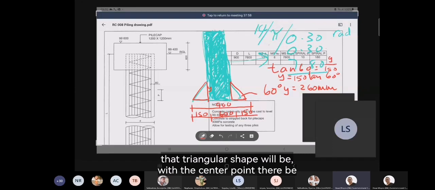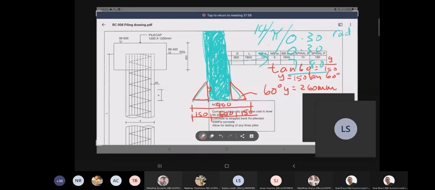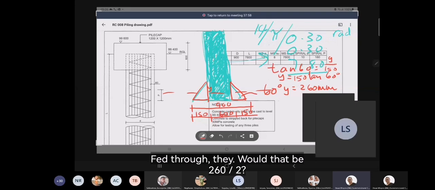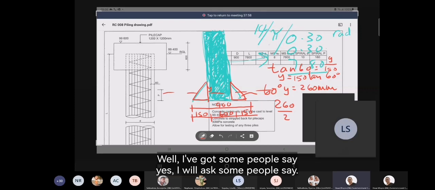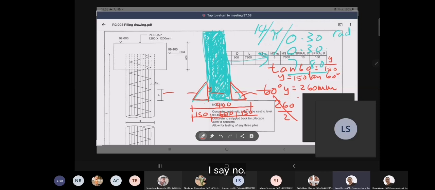Would the center point there be 260 divided by 2? Would that be the center point for that triangle? Well, I've got some people say yes, and some people say no.